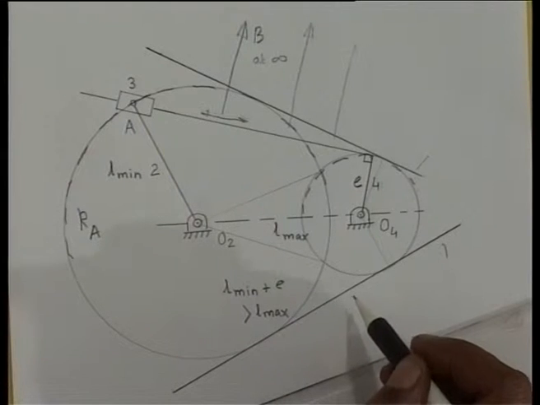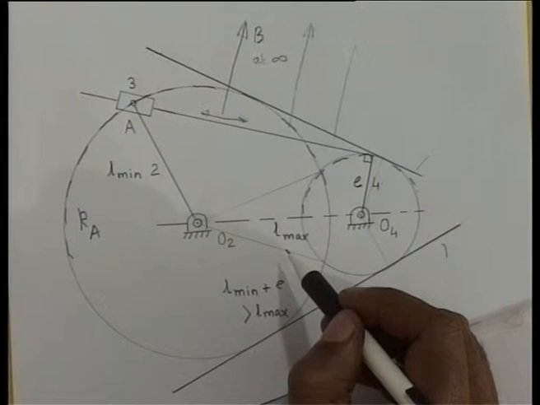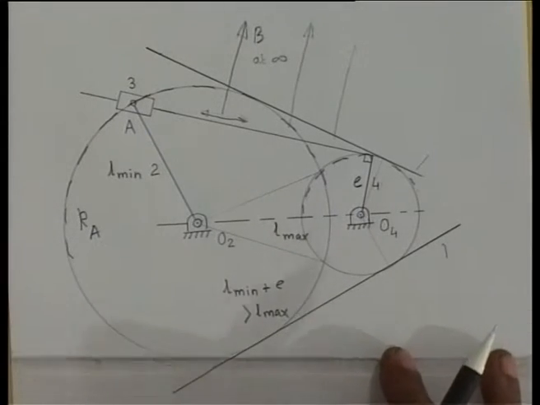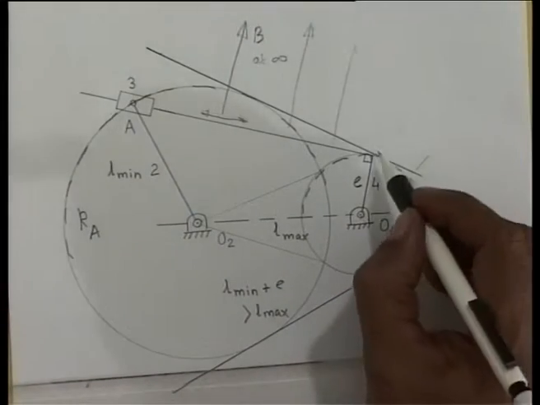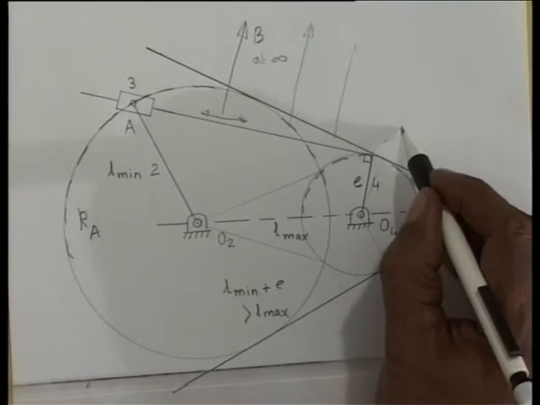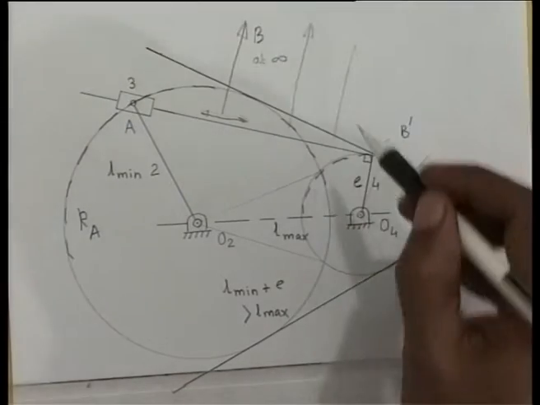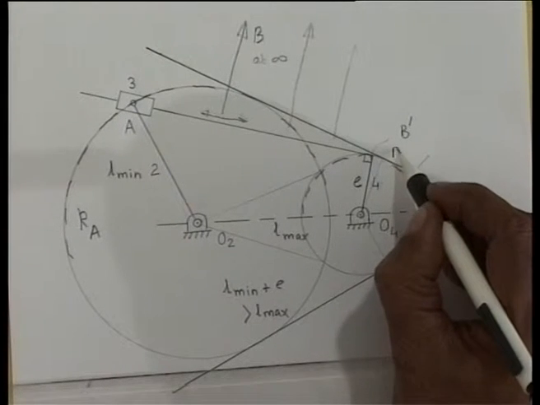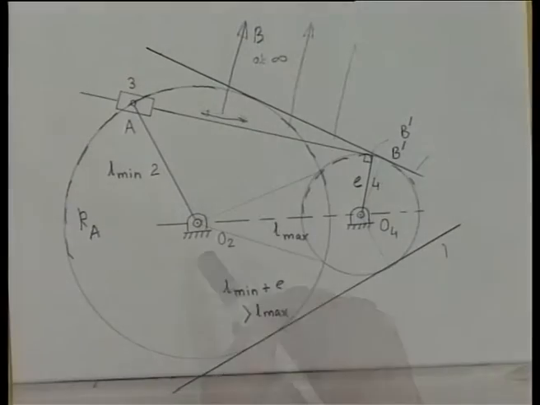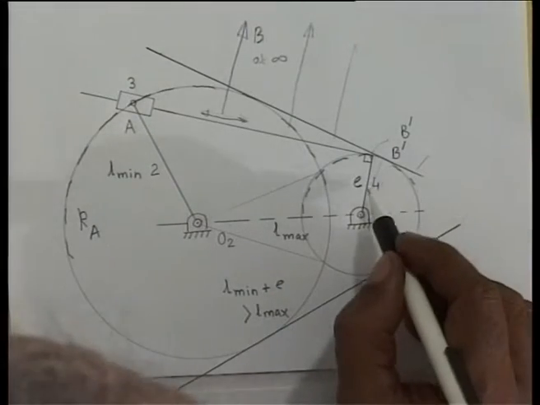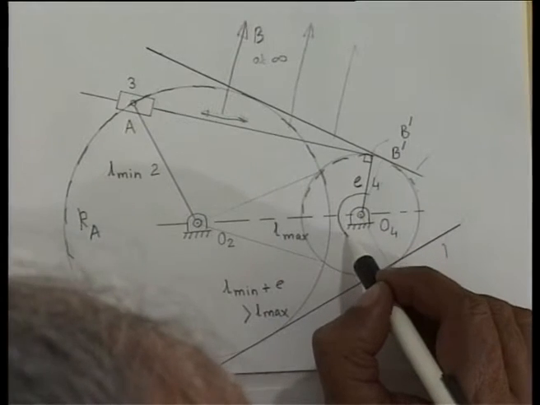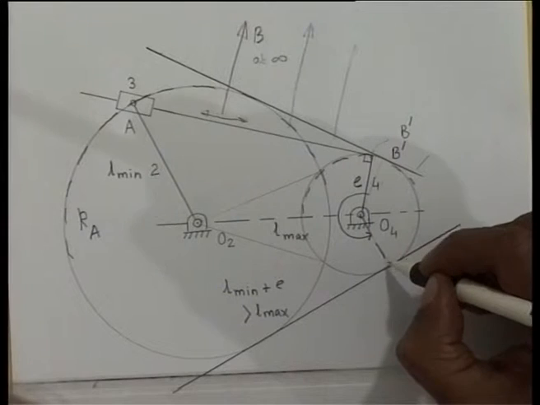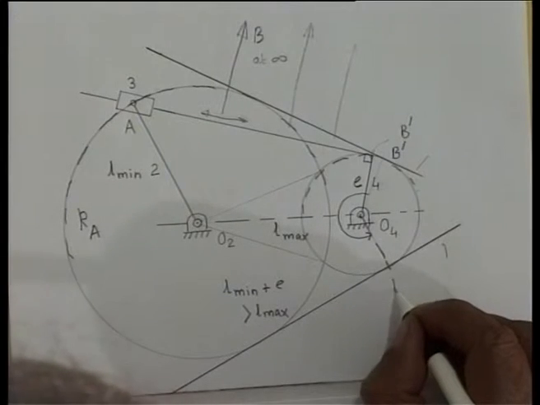Let me see what happens when A occupies rather this point, if I call it B prime, B is at infinity, I call this point B prime. When B prime comes here and if it oscillates in this direction up to this point of tangency, let me call it B2 prime.